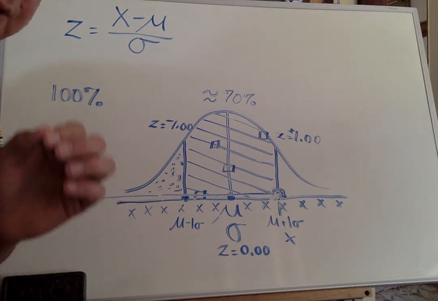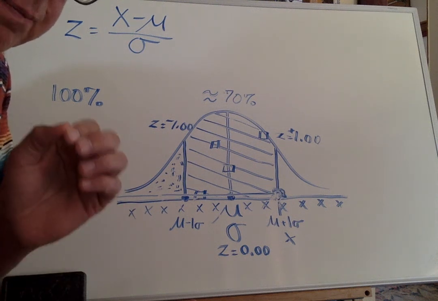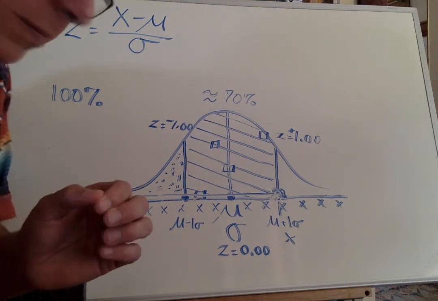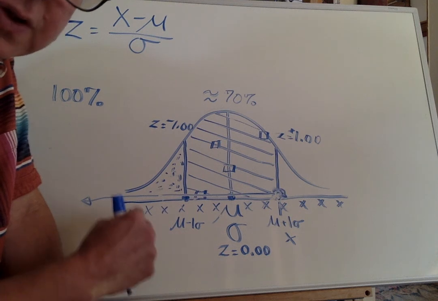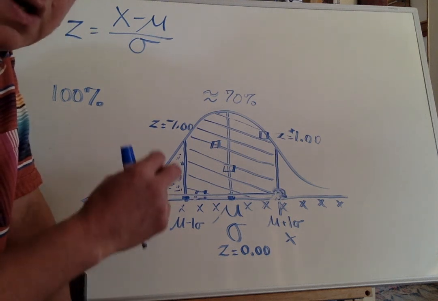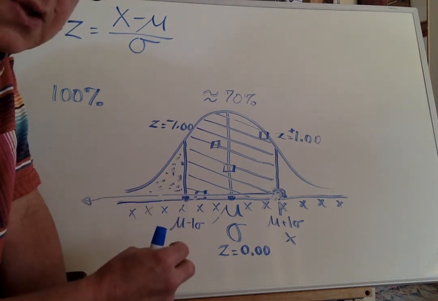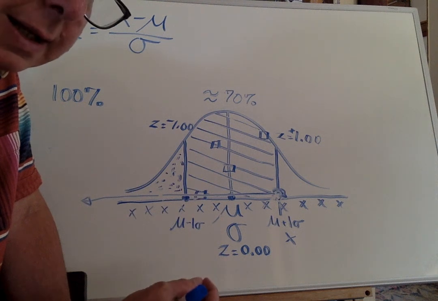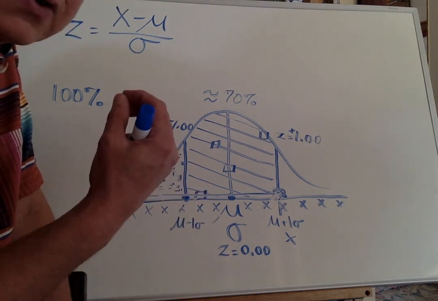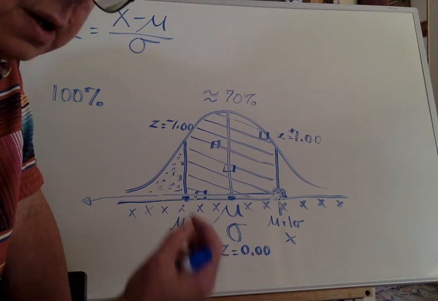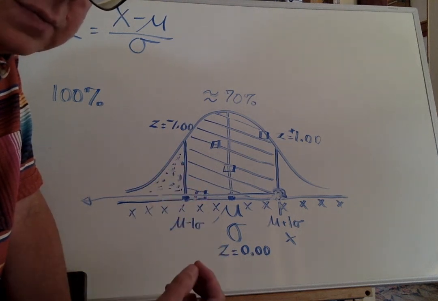Notice, folks, there's a very, very important point here. I haven't put in any values for this distribution. What I'm saying is, for any normal distribution, if you have a z-score of 1, you're in the 85th percentile.